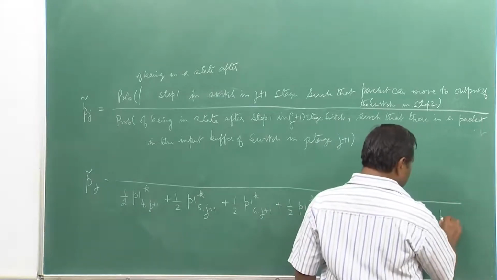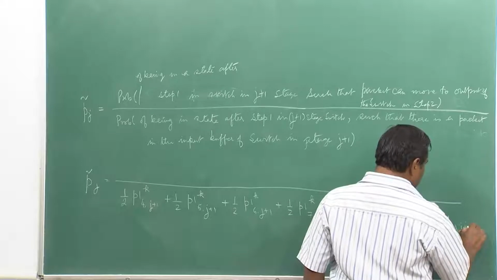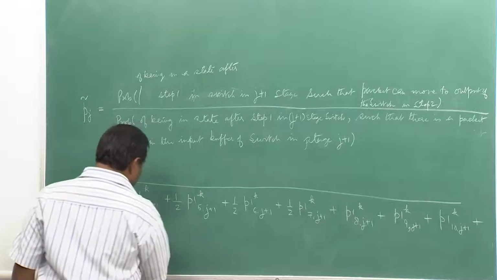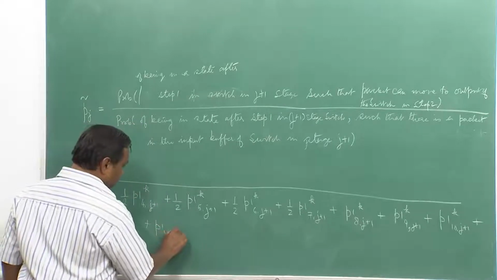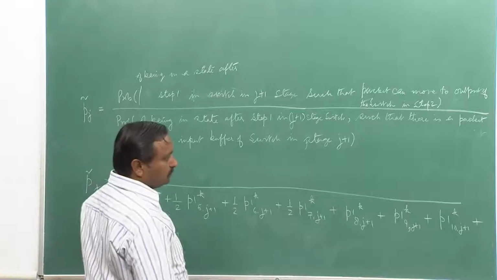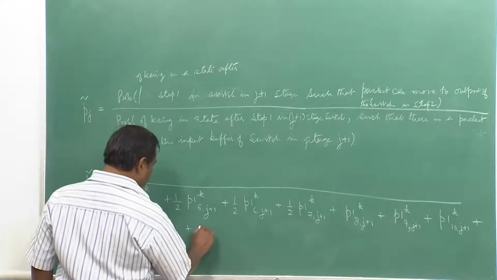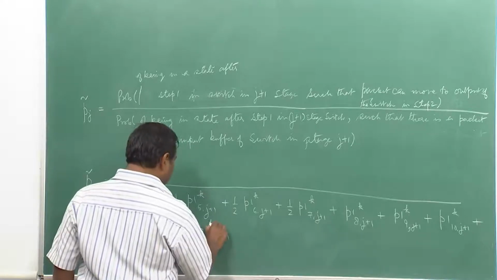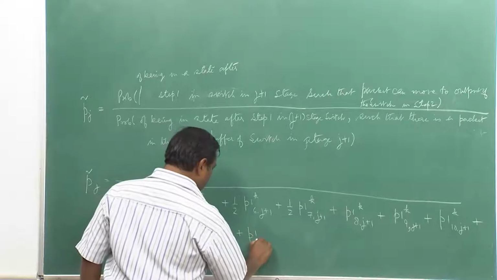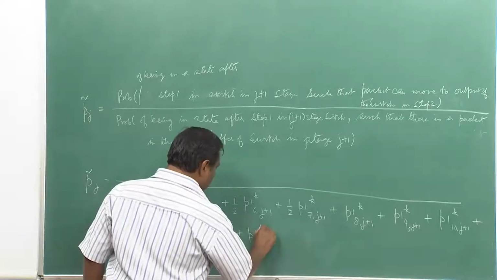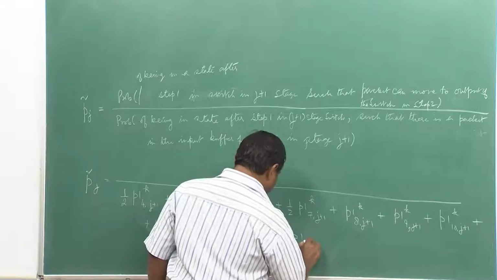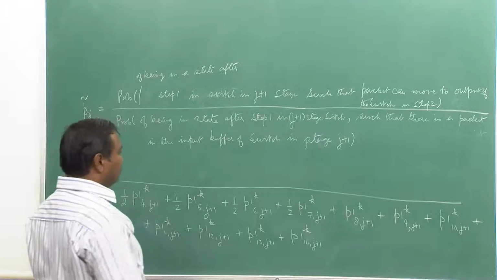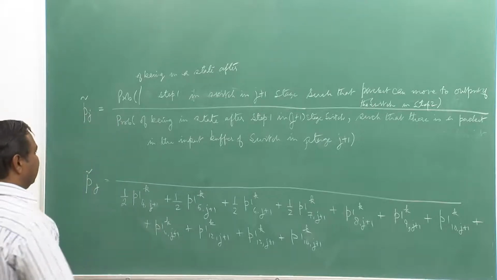P10, you can be in P11, P12 and P13 and P14, so all of them will come. Okay. So this is what will be the denominator, this is this probability.